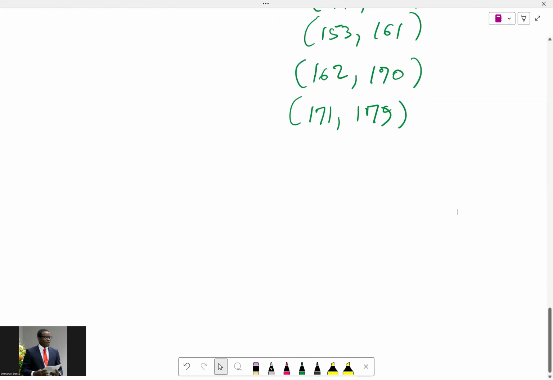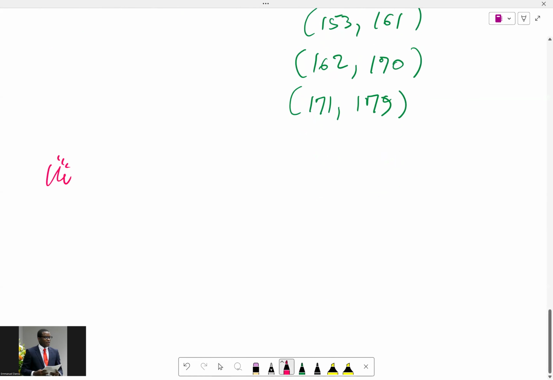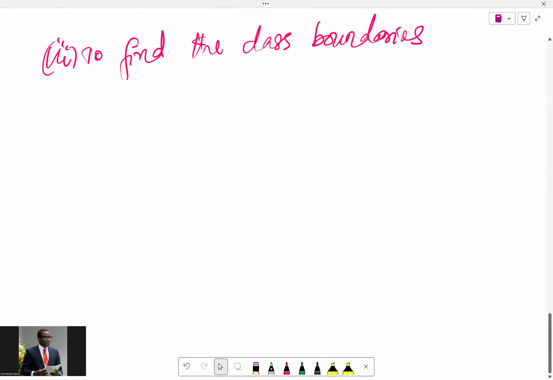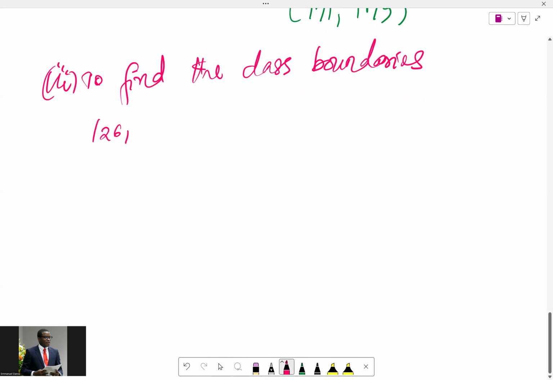So three now, to find the class boundaries, from what we already have: 126, 134. Then we have 135 and 143.